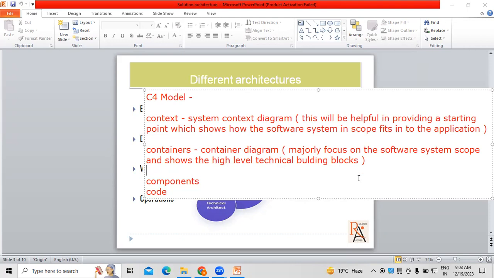The third one is about components, right? This is where we call it the component diagram.